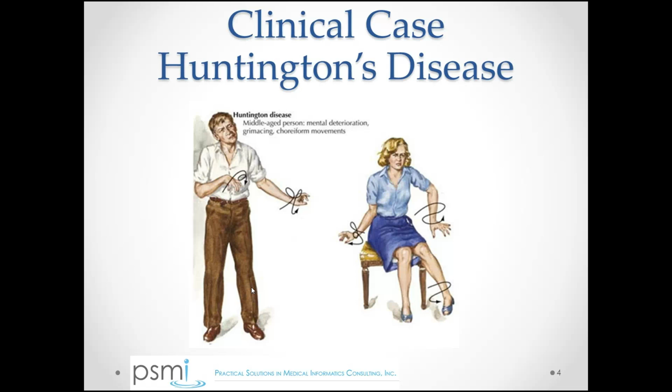And you may remember we talked a little bit about the genetics of Huntington's disease. And I think just to add a little bit of flavor to this before we get into the genetics debates, I'll take you through a little bit of that. But here again in this picture, you see some of the movement disorders that characterize Huntington's disease. This is also accompanied by mental deterioration.